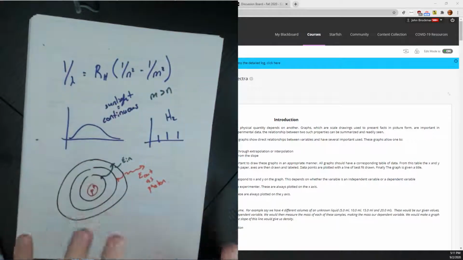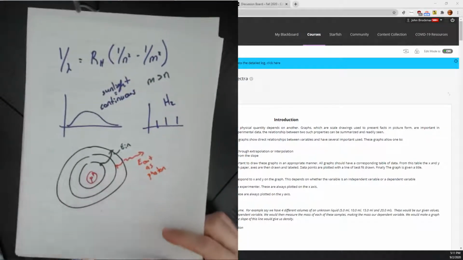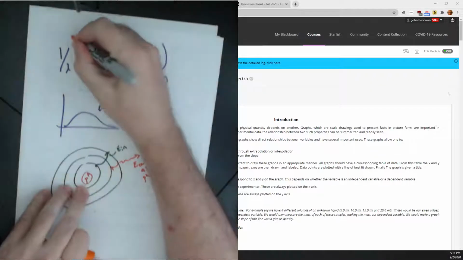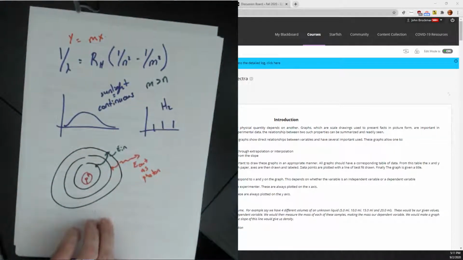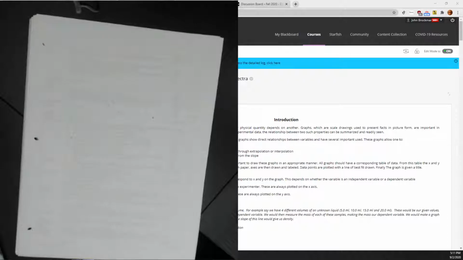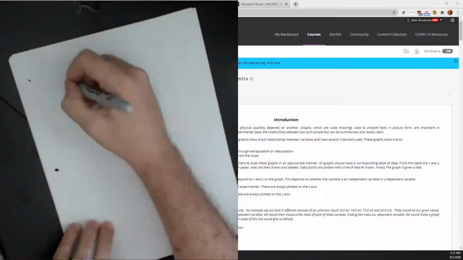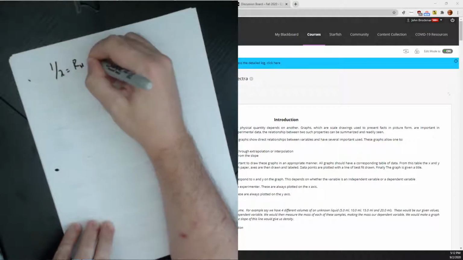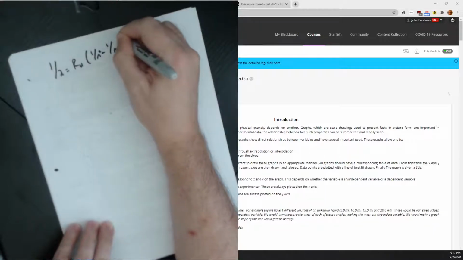But we can do a little bit of trickery so that this will be in the form of y equals mx. The way we do that, so 1 over lambda equals R_H times 1 over n squared minus 1 over m squared.